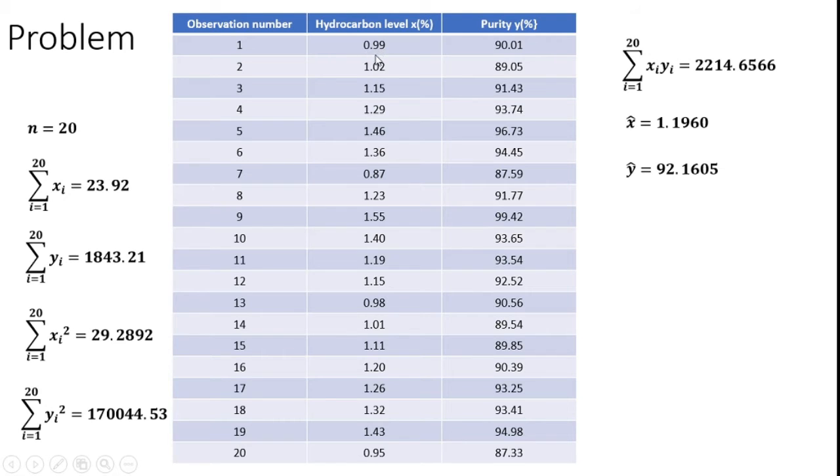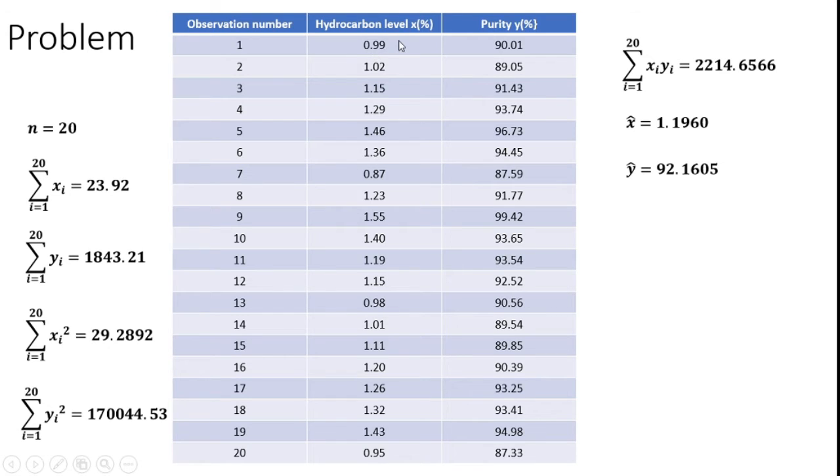In that, n is equal to the total population size, which is the number of observations available with this experiment, so n is equal to 20. Then the sum of our values with respect to the x tabular column.